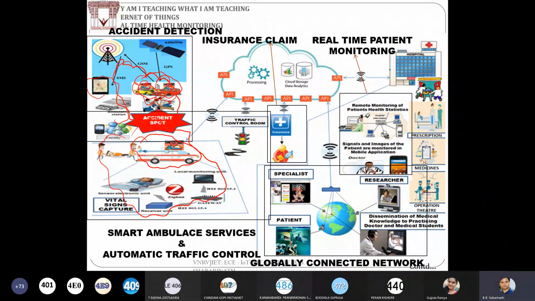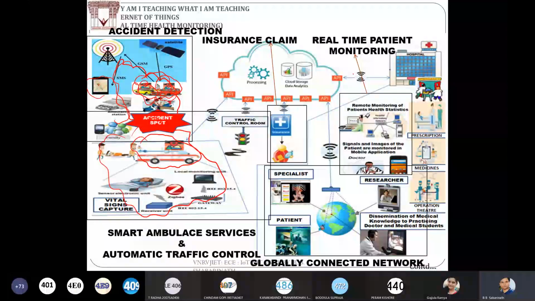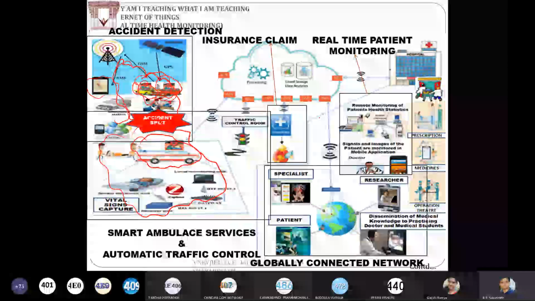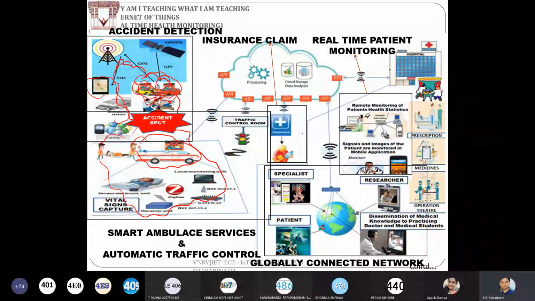So before the patient reaches the hospital, the doctor can come up with a treatment decision, whether we need to do surgery or something else. They can do that decision making while the patient is traveling, so directly they can take him to treatment. There is a chance of saving the person's life. All such systems can be done with the help of IoT only.